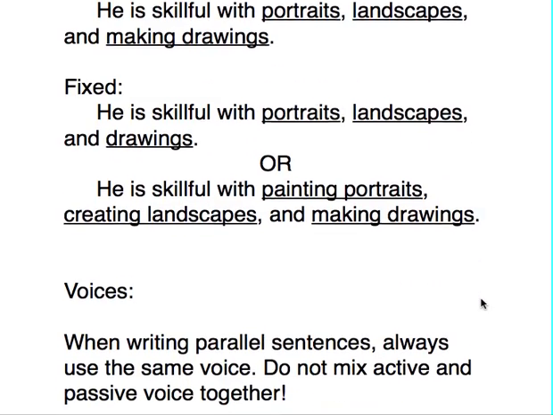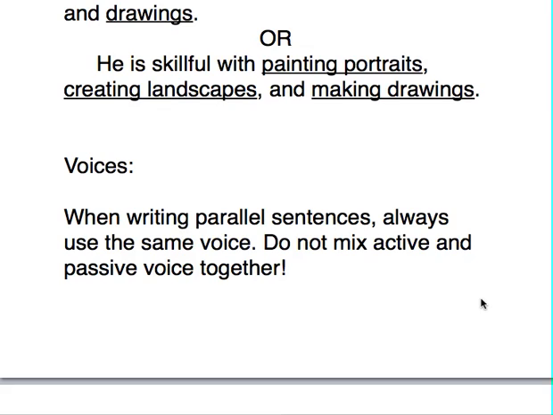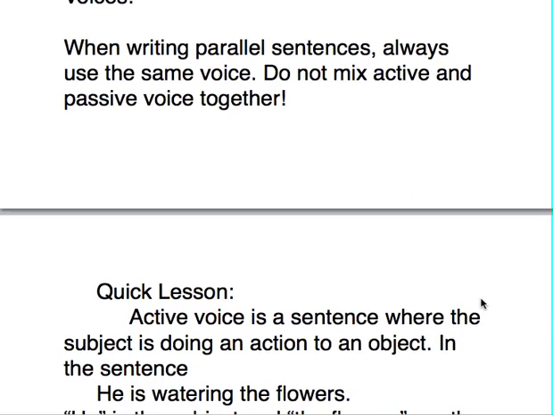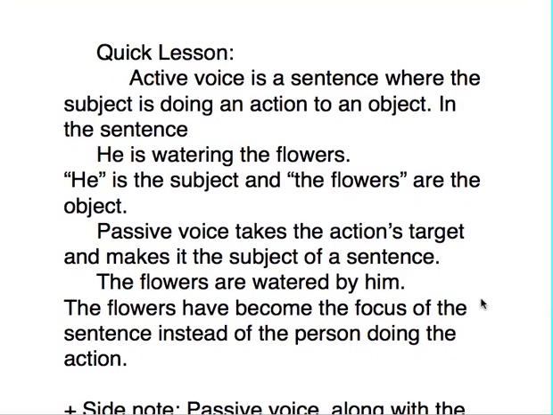The second thing to look out with parallelism is voices. When writing parallel sentences, always use the same voice. Do not mix active and passive voice together. For those who may be unaware, I've included a quick lesson in the difference between active and passive voice. Active voice is a sentence where the subject is doing an action to an object.